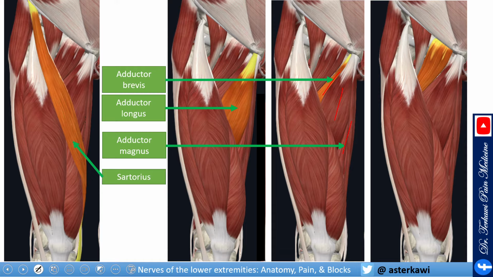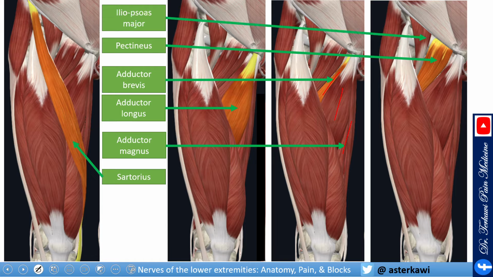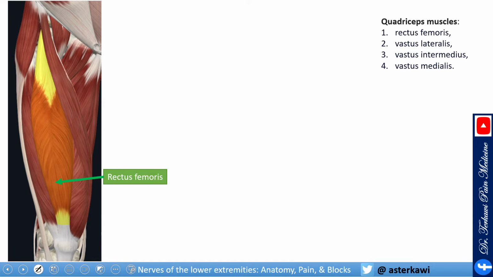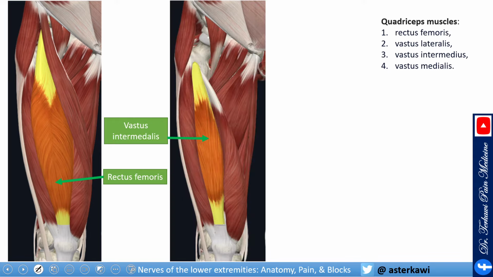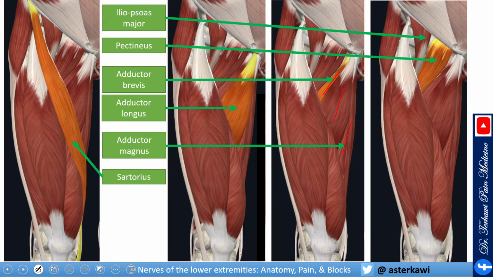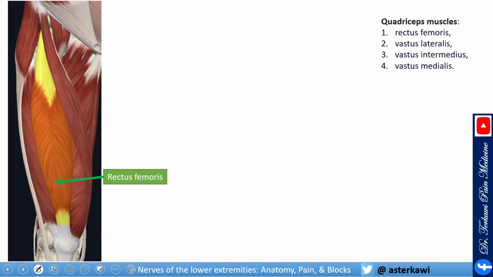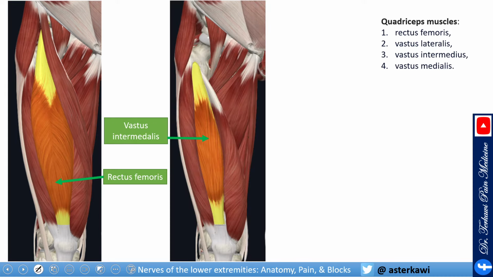Now, if you see here, you have the pectineus, which is also an important landmark when we start talking about the obturator nerve. And the iliopsoas muscle, of course, which is nothing but a combination of two muscles, very important when we talk about the femoral nerve. Now, you still have the sartorius and the rectus femoris.